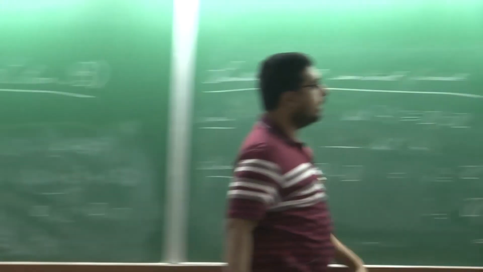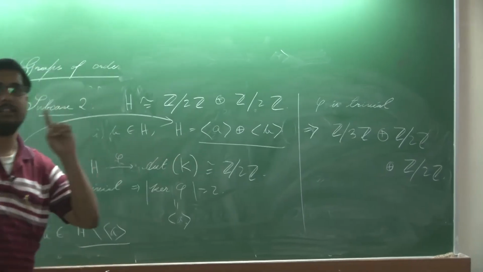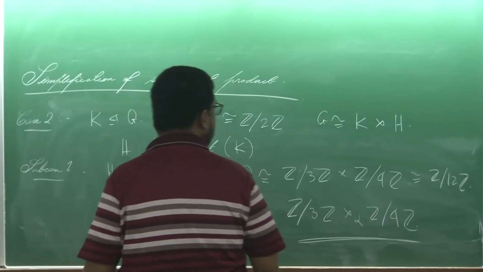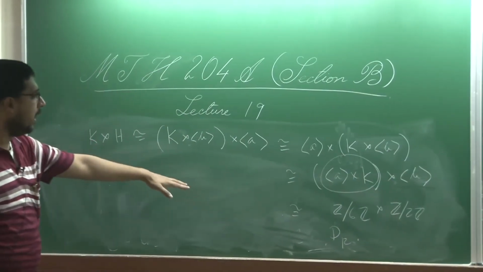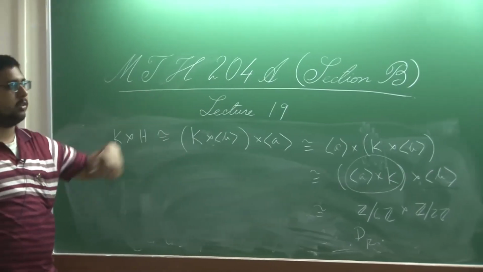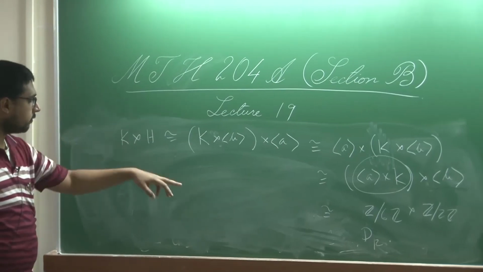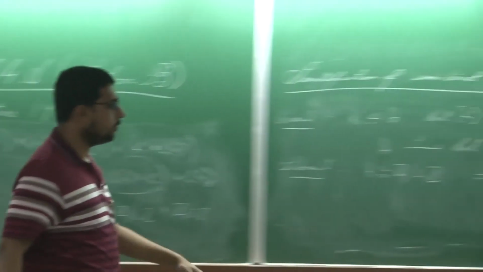So one thing is clear, that since the image will be always 2, you will have exactly one non-abelian structure, that is quite clear. But even if we do not use that, just by directly simplifying the semidirect products using the two theorems we have seen, we can immediately see that we always get D12.